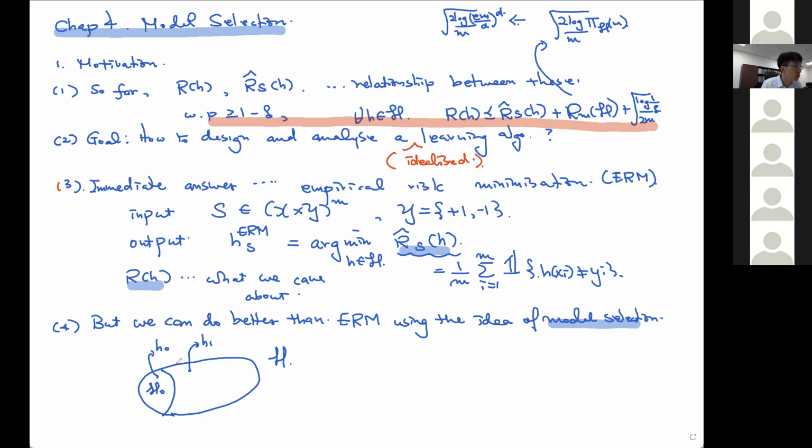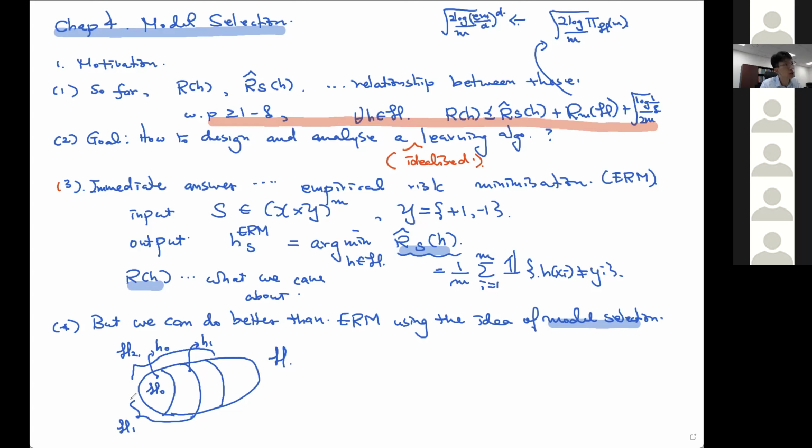The next hypothesis set is larger, containing everything in H0 plus something extra, called H1. Then the third one is even larger, containing everything in H0 and H1 plus something extra, called H2, and so on.